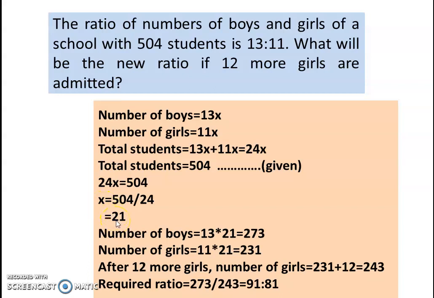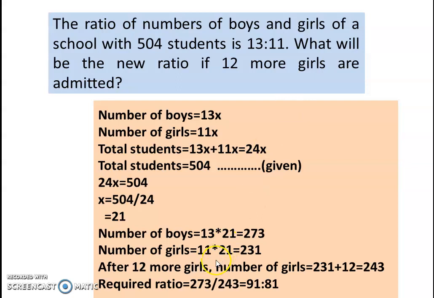Now we can find out the number of boys after multiplying 21 with 13, that is 273, and we can calculate number of girls by multiplying 21 with 11, right? So now we know the number of boys and girls. Now according to question we need to find the ratio after 12 more girls are admitted.